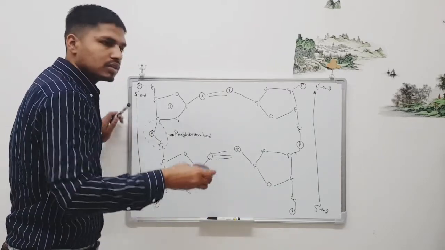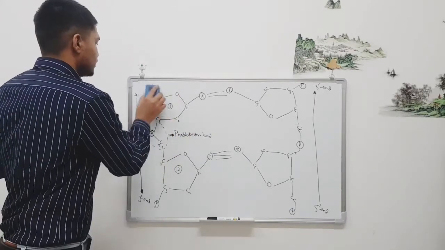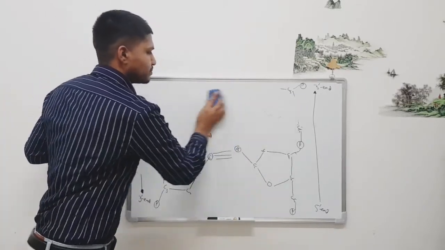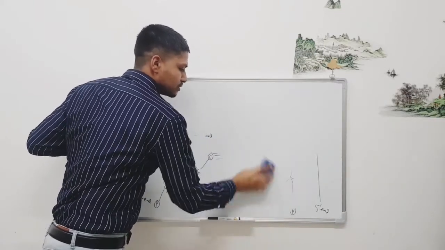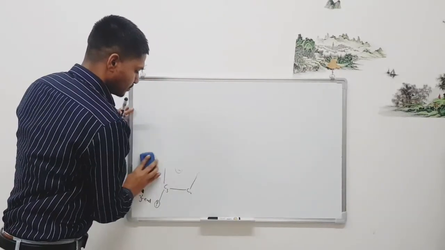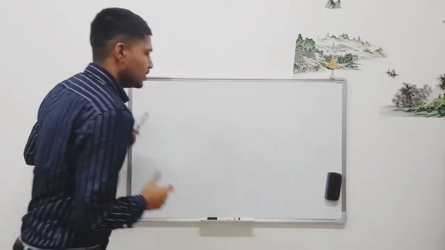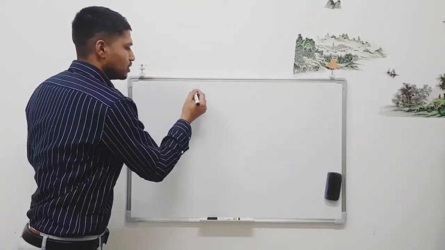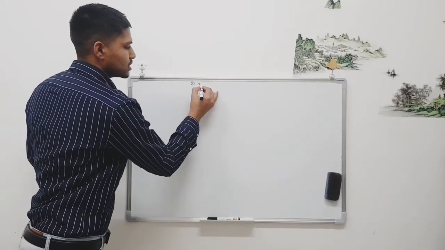The basic information about the DNA molecule is that the DNA molecule contains 2 strands. These are the 2 strands: this is the first strand, this is the second strand.